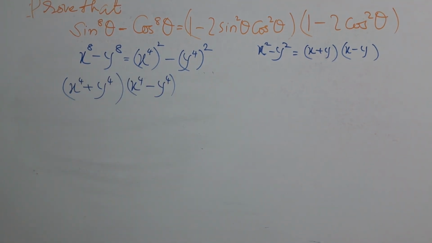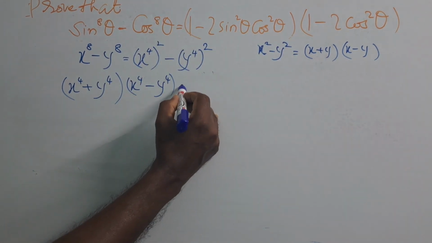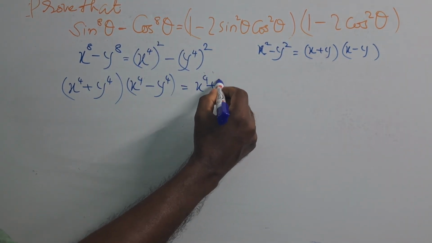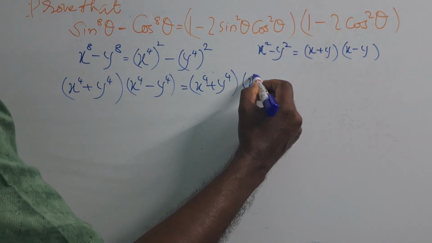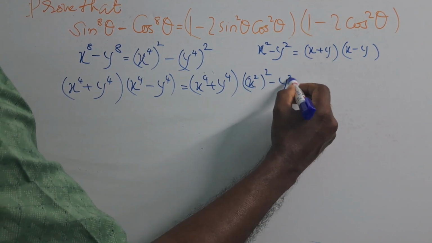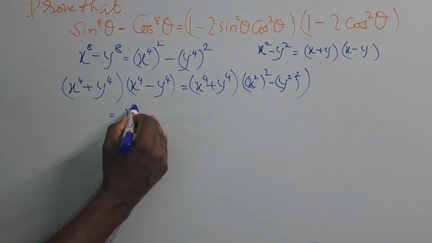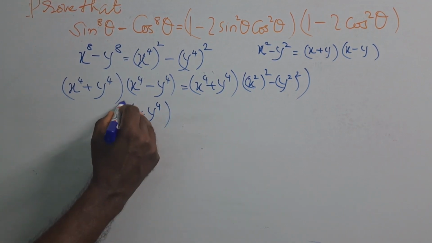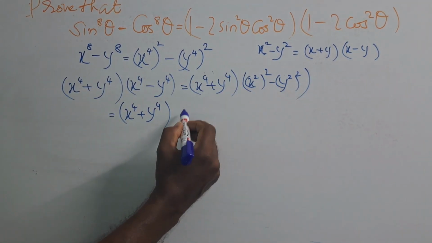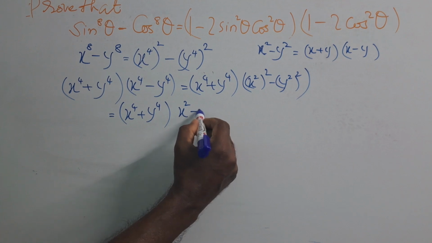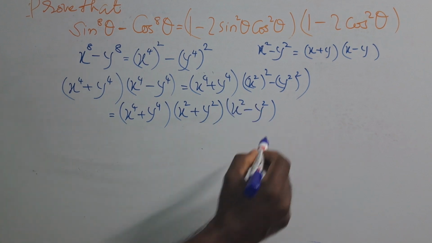The second factor can again be expressed as x square the whole square minus y square the whole square, and further factorized. x raised to 4 plus y raised to 4 is not factorized or substituted. Here the second factor is expressed as x square plus y square into x square minus y square.